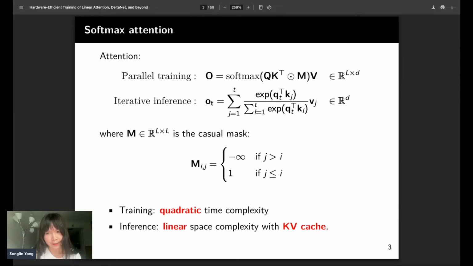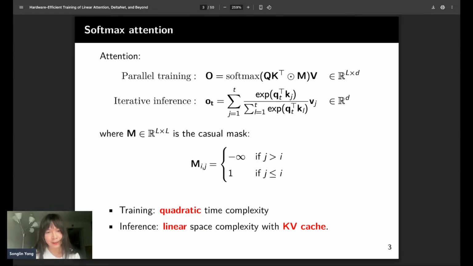Then we use this attention score to take the weighted sum of the historical values to obtain the output. This is a very quick recap of the Softmax attention mechanism, and I'm pretty sure everyone is super familiar with it, so I'm not going to introduce more about it.